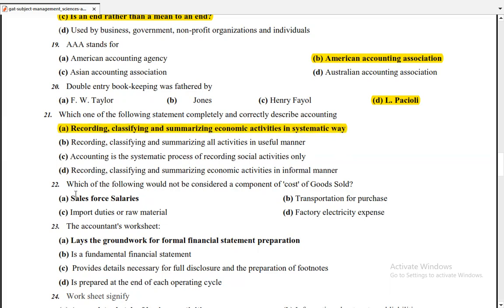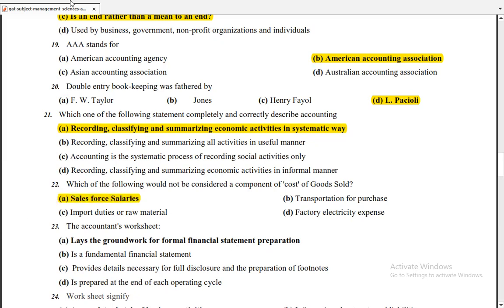Which of the following would not be considered a component of cost of goods sold? Transportation for purchase, factory electricity expense, import duties on raw material. It is sales force salaries.